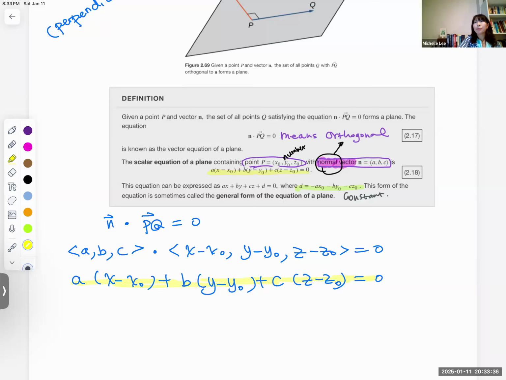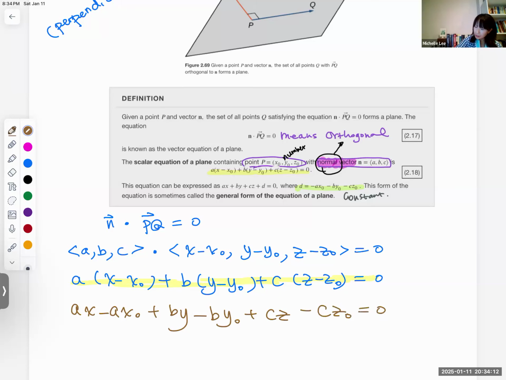Okay, now we can distribute. So if we distribute, we have ax minus ax naught plus by minus by naught plus cz minus cz naught equal to 0.